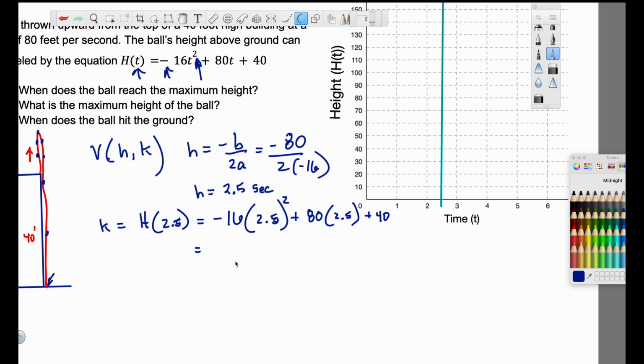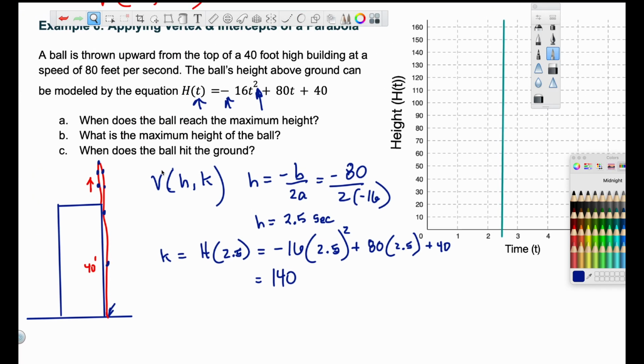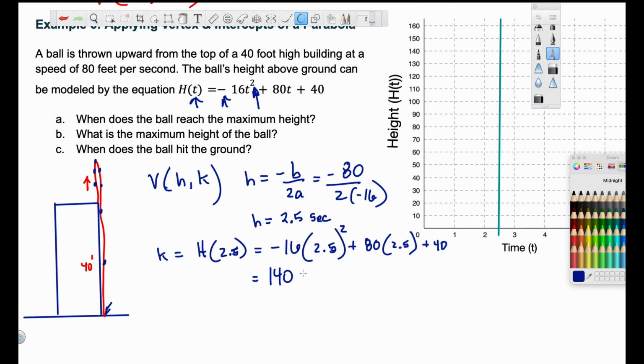And I got an error. Okay, I end up getting 140. This is going to be in feet, isn't it? 140 feet.